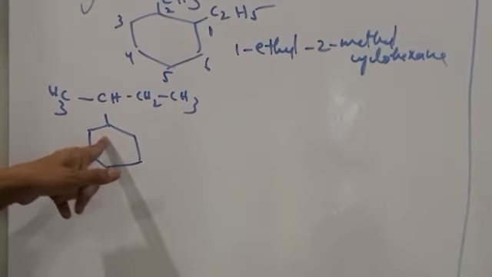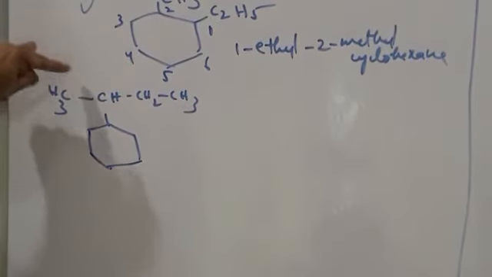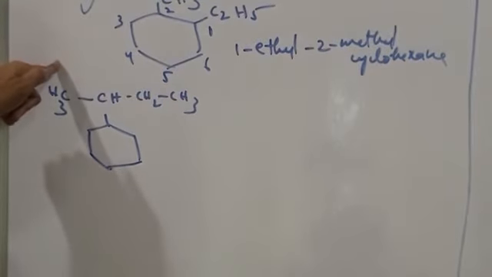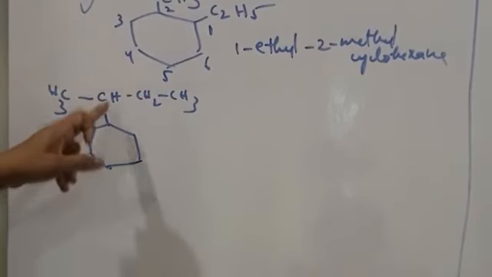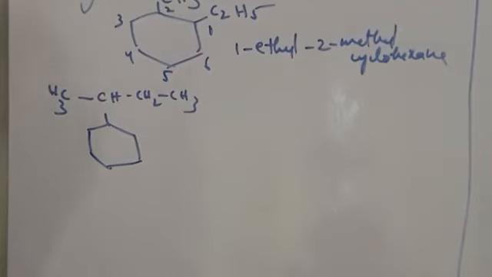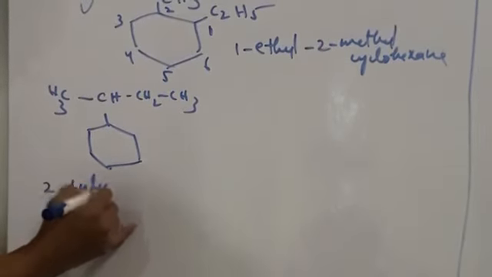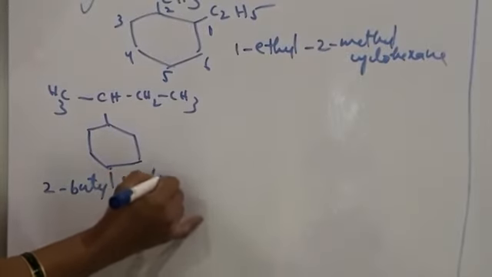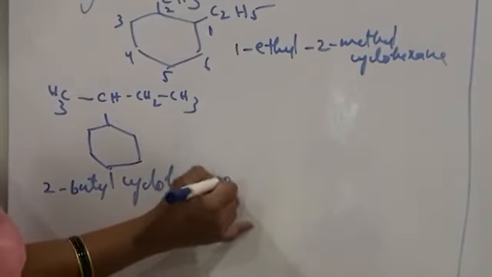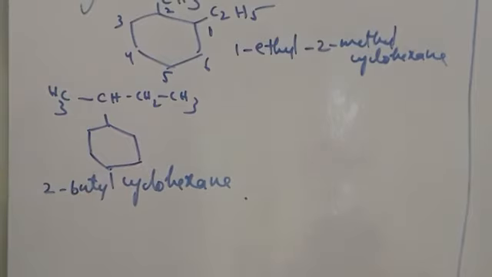That's why this is the main base, and the chain becomes the substituent. So we can name it 2-butyl cyclohexane.